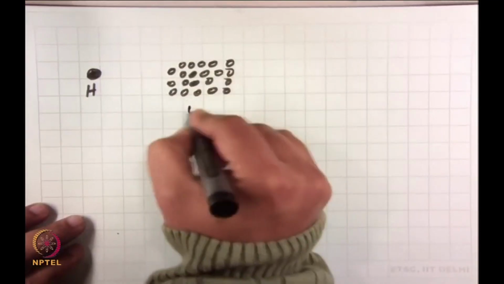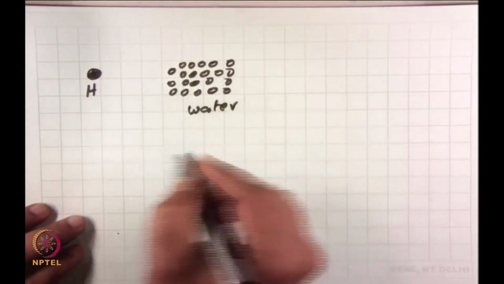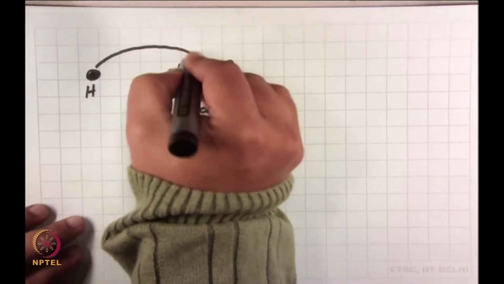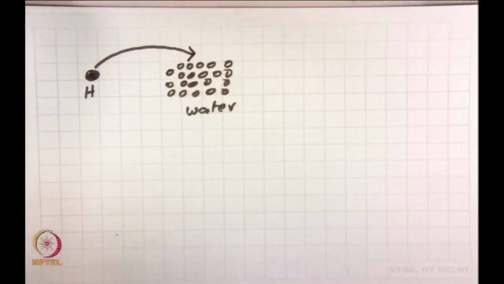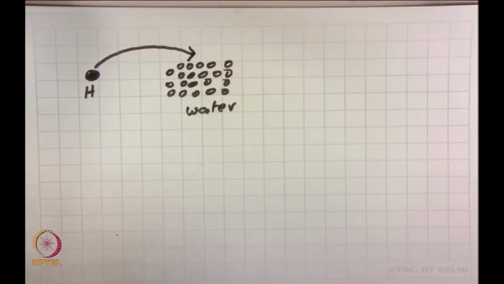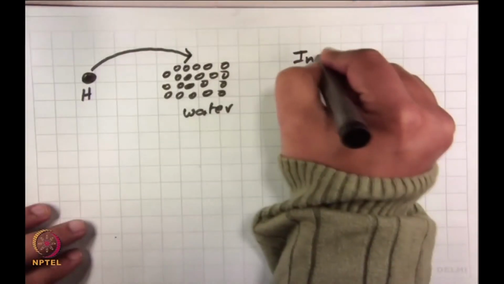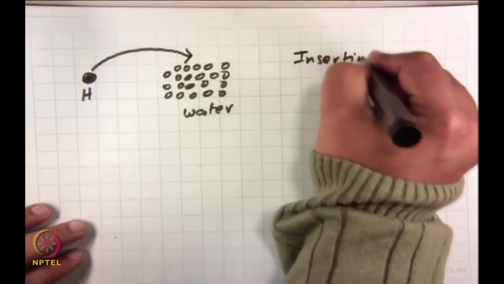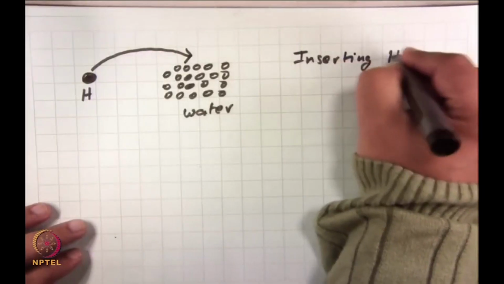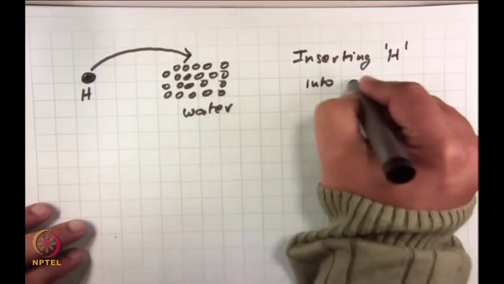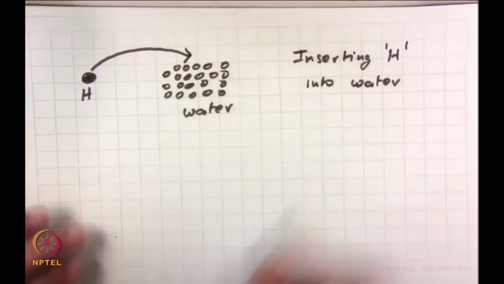So this is water, and what you have to do is take this and put it inside. Again, what you are essentially doing is inserting H, which is a hydrophobic molecule, into water.